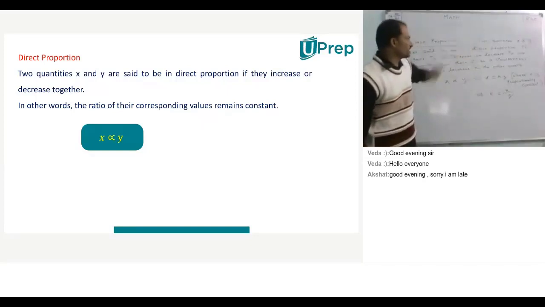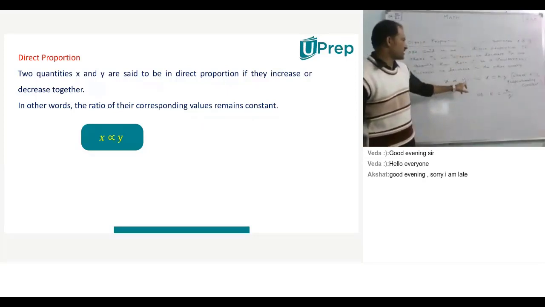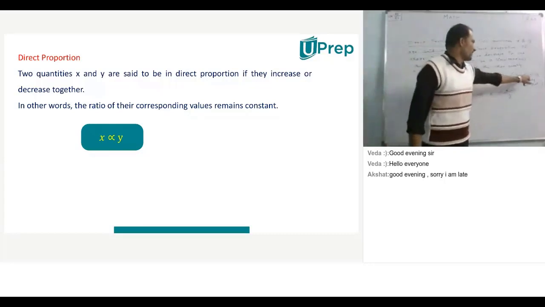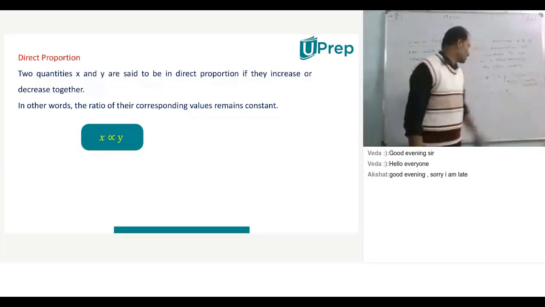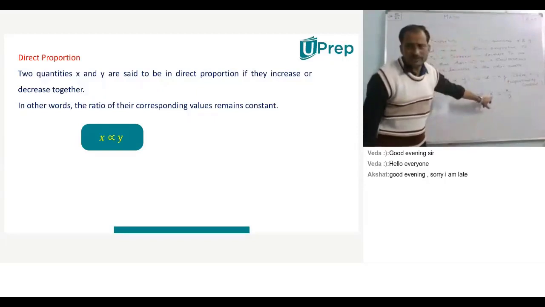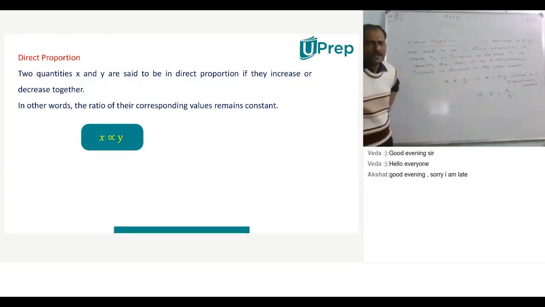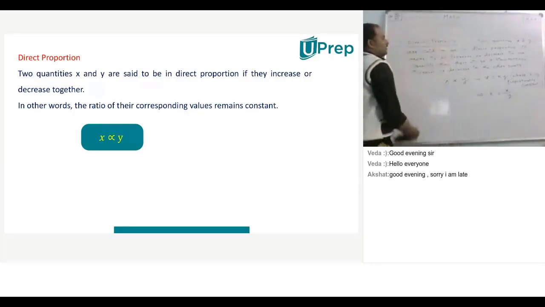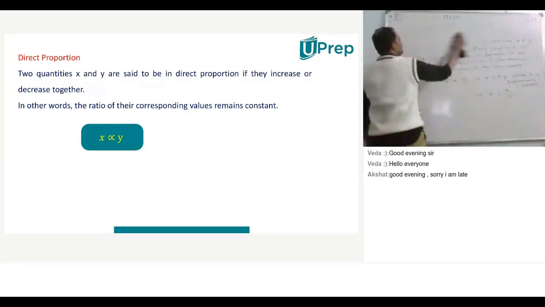This is just a definition. Just write X is directly proportional to Y implies X is equal to KY, where K is the proportionality constant and the value of K is equal to X upon Y. I hope it's clear to everyone. Yes, sir. Fine. I'm erasing the board.